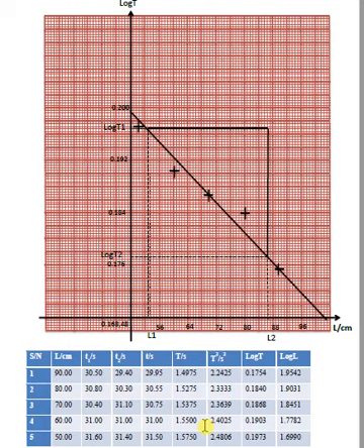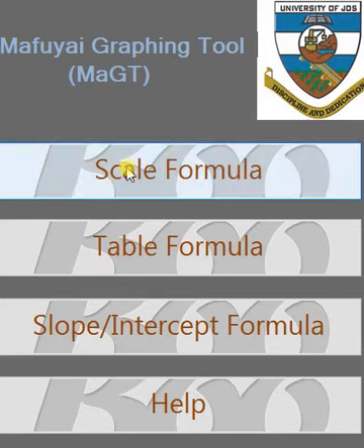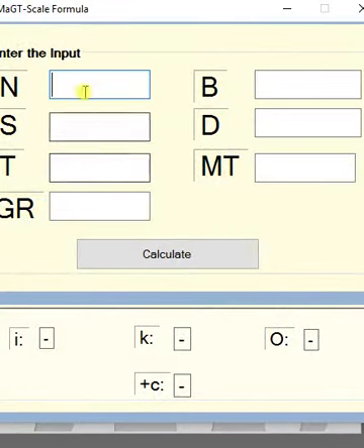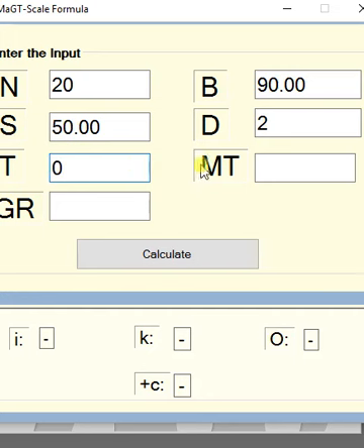So let's see how you find your scale. For instance, for the horizontal axis, you come and click your scale formula. We said the N for the horizontal was 20, B, which is biggest value, 90.00, S, which is smallest value, is 50.00, D, 2 decimal places, turning point, you put 0 because most graphs in physics practicals are linear.